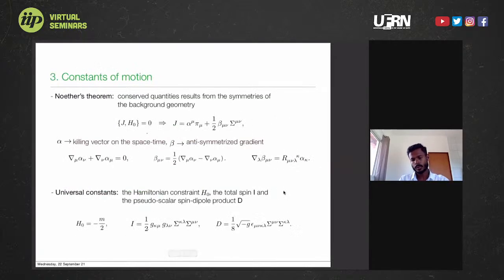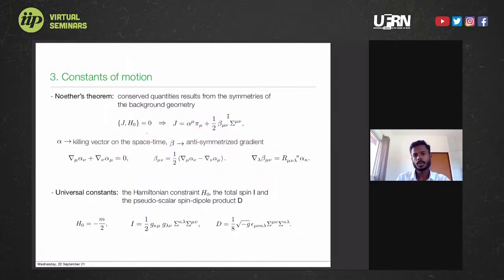So now, before going into solving it, let us collect the constants of motion because they will be very useful for dealing with it analytically. The Noether theorem implies that there are conserved quantities resulting from the symmetries of space-time. The conserved quantity J comma S0 which satisfies this condition is given like this for spinning particles, where this x mu is nothing but the killing vector on the space-time, and beta is the anti-symmetrized gradient which couples with the spin tensor, and this x mu and beta mu nu should obey these conditions.